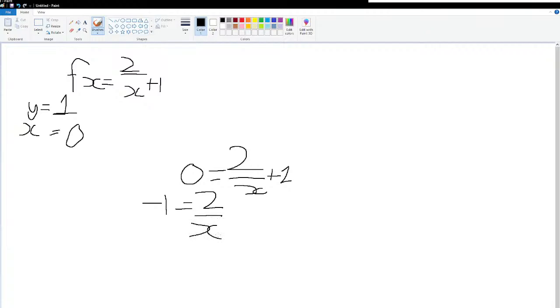We're going to times it by x. Oh, but because this is an undefinable, is it possible? Let's see. What does 2 over x equal to?